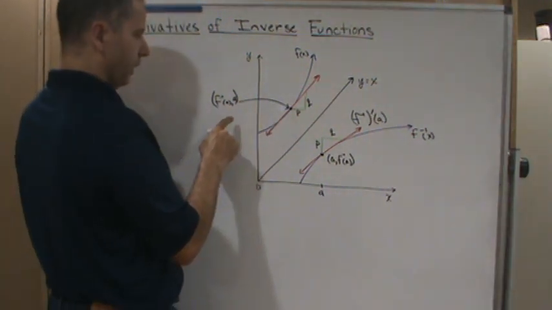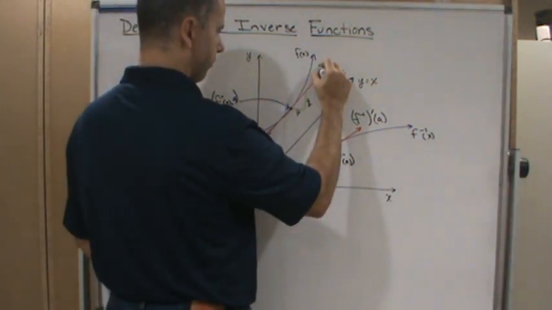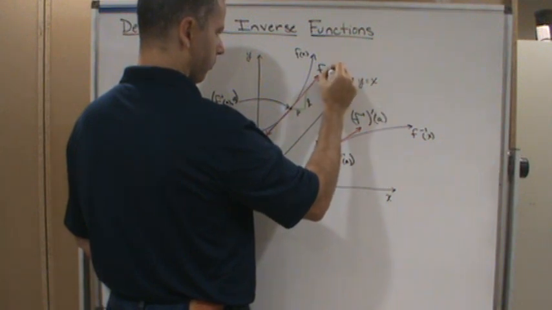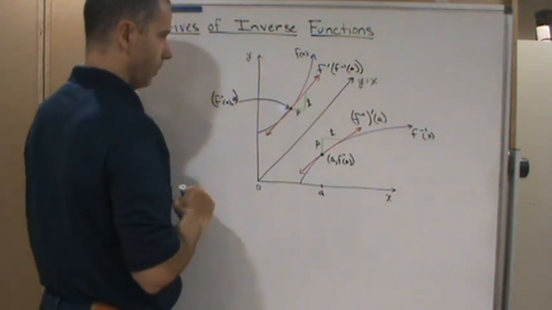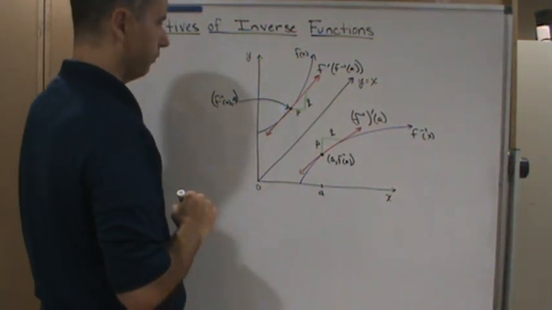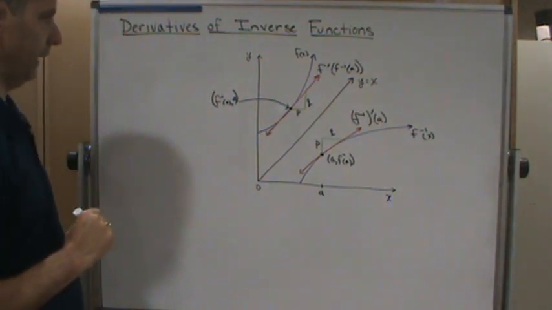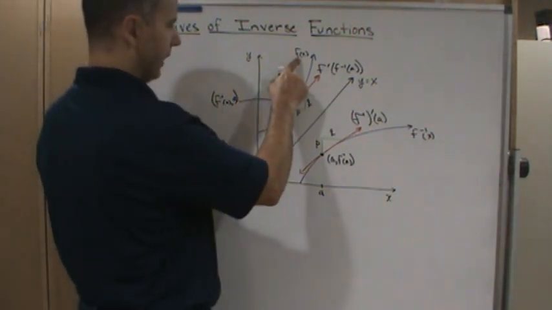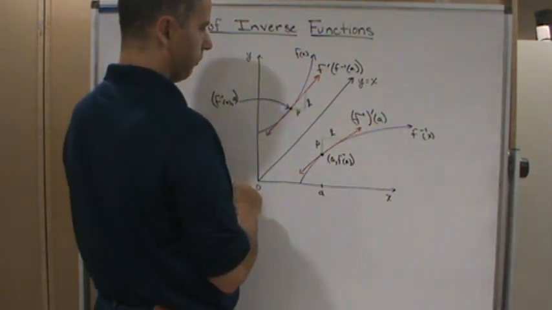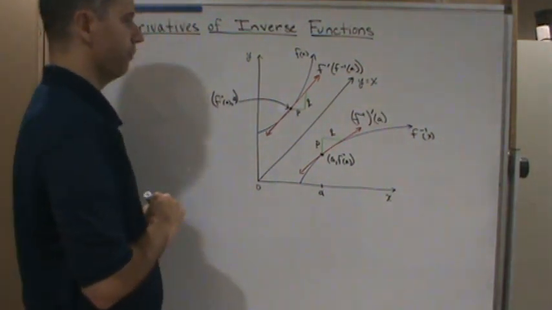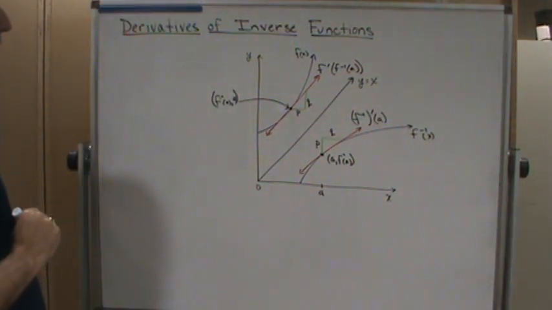This one is going to be f prime of f inverse of a, because this f of x is actually the inverse function, right?